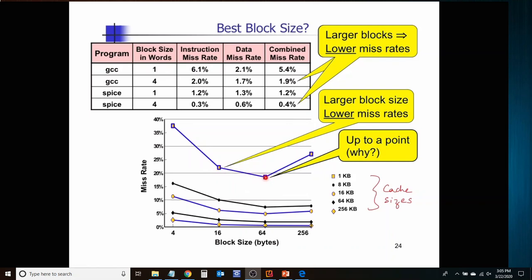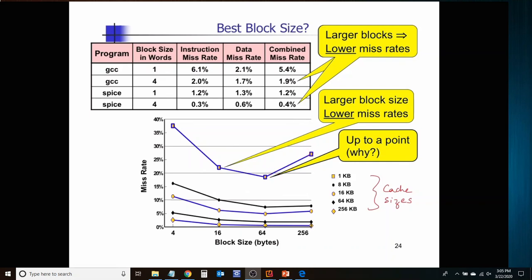But if you go even further, the gain of spatial locality decreases as the block size increases, since you're getting further and further away from the local location. Not just that, if the block size is too large, the number of blocks stored in the cache is going to be too small, which means that there is going to be greater competition for these blocks.